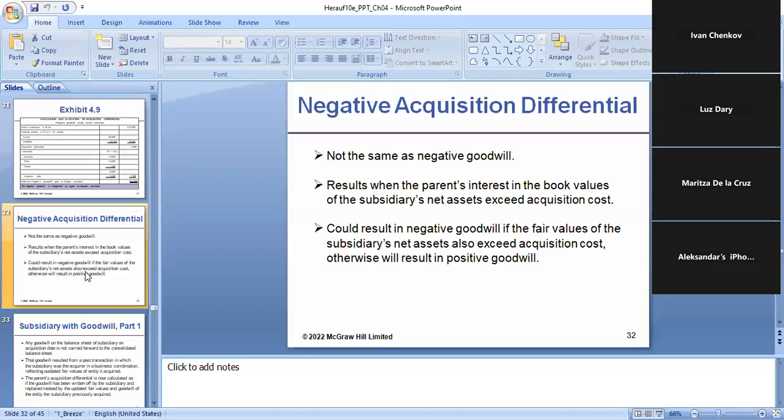So now let's see what's going to happen if that happens, negative acquisition differential. So now the question is, is the negative acquisition differential the same as negative goodwill? No, it's not. So for example, let's go back to the Excel spreadsheet.